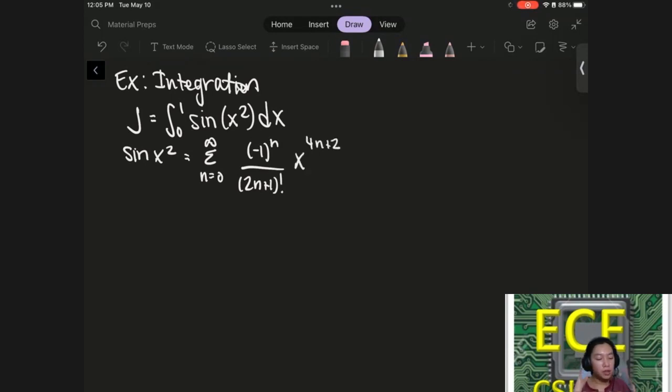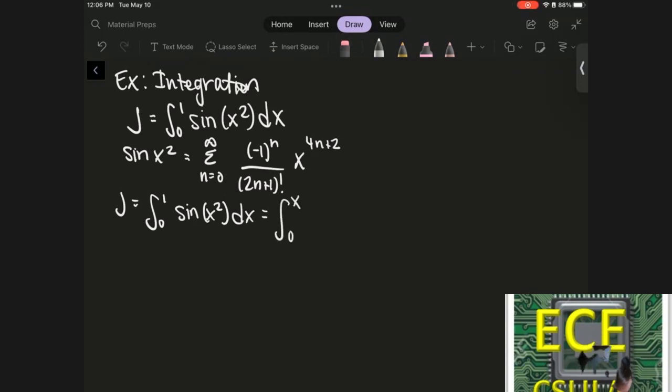Now we're going to take this and put it back in the integral. J equals the integral from 0 to 1 of sine of x squared dx. From here, we just plug in what we found for sine of x squared.